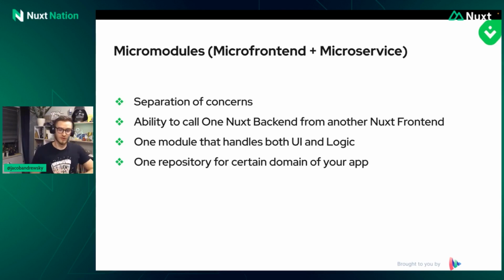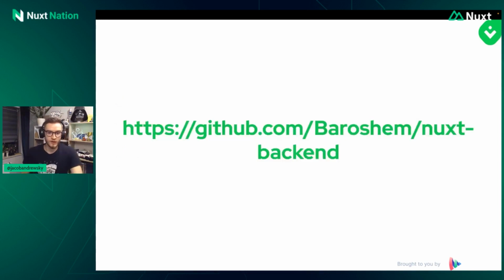So one Nuxt backend or one Nuxt frontend can call another Nuxt backend, which can be quite useful, especially for larger applications. So one module handles both UI and logic, and we have one repository for a certain domain of our app.